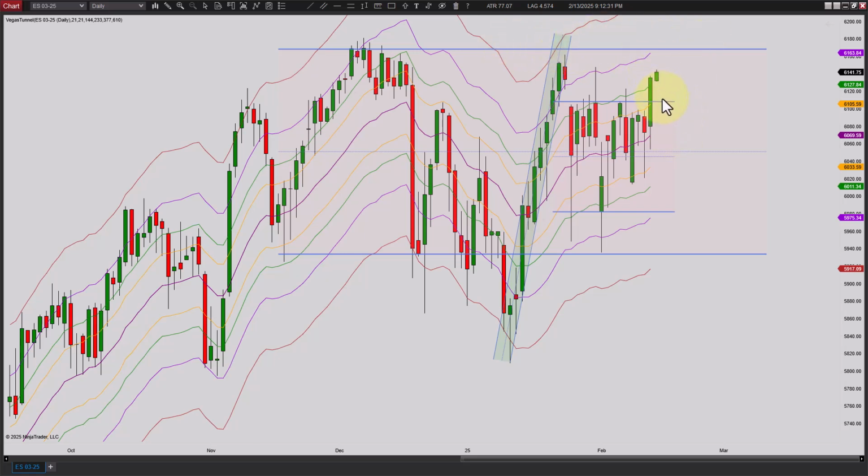We may pull back first, but we're probably going to retest these highs. We're in the overnight and you can't trust this yet. This could change considerably between now and trading time tomorrow. But we finally broke out of this tight range, and there were some clues because we were making these higher swing lows and closing higher each day. Sure enough, we did break out today.